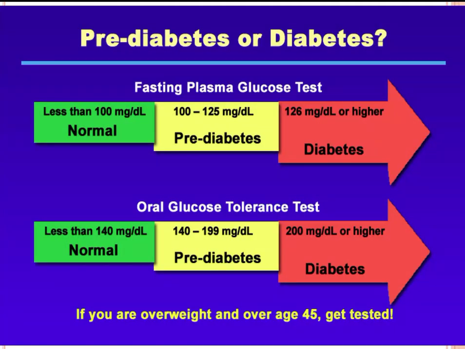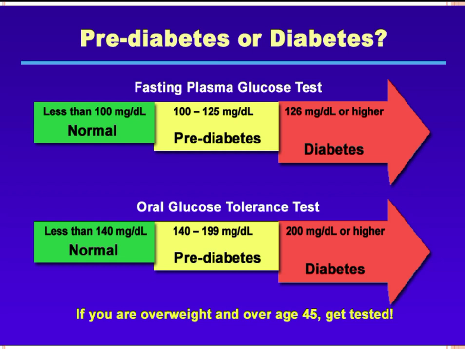Let's talk briefly here about prediabetes. Prediabetes is a stage between normal glucose homeostasis and diabetes mellitus. It can be defined in 2 ways. The first is impaired glucose tolerance, or IGT, which is diagnosed if the oral glucose tolerance test results are between 140 and 190.